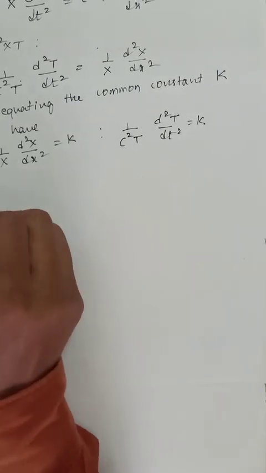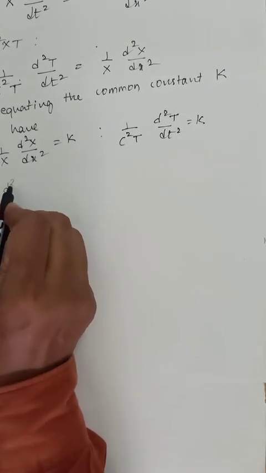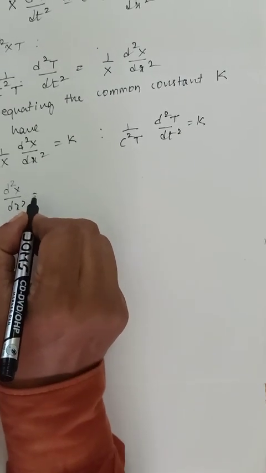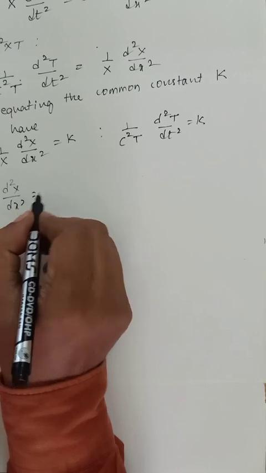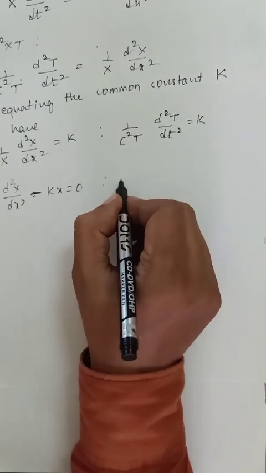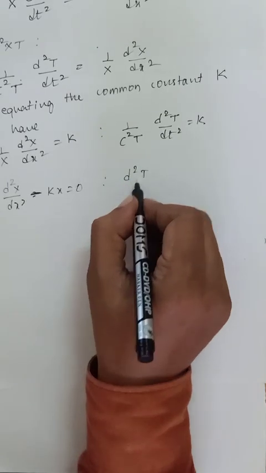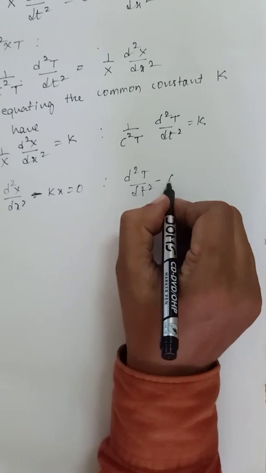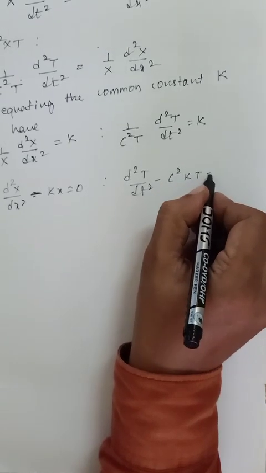That is, d square X by dx square minus kX equal to 0, and d square T by dt square minus c square kT equal to 0.